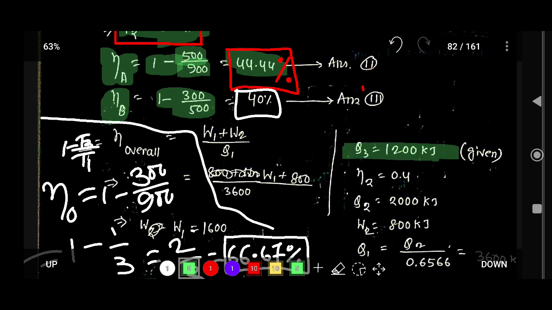Engine A efficiency is 44.44%. If you want to calculate the Q2 value, then you have to use the overall efficiency formula, that is W by Q1.